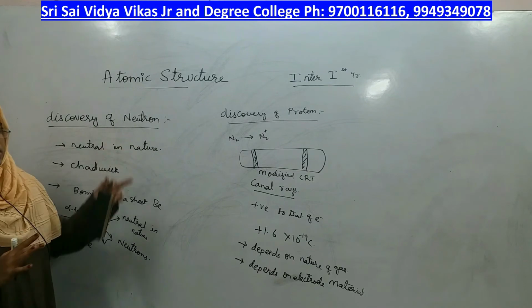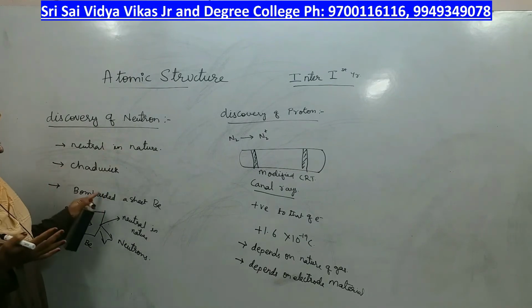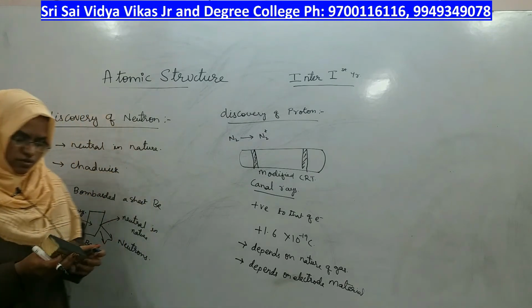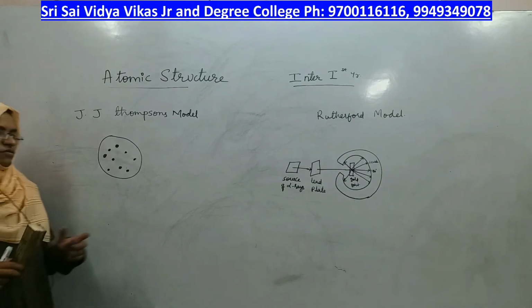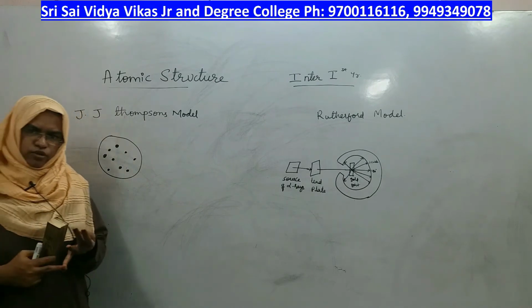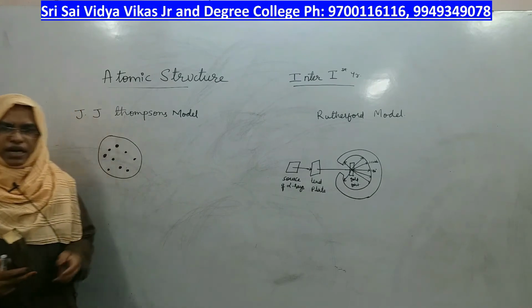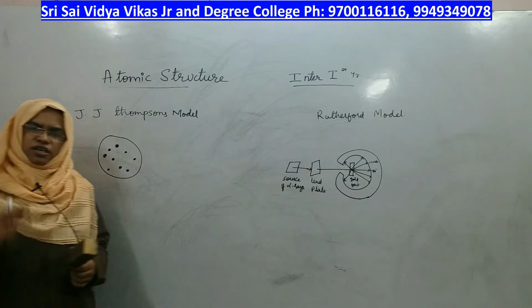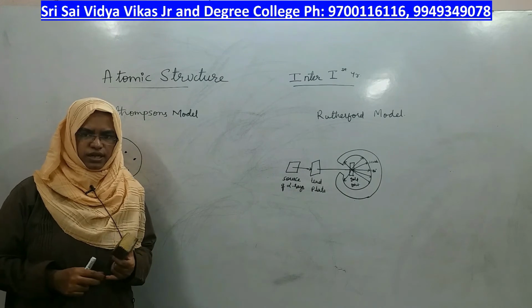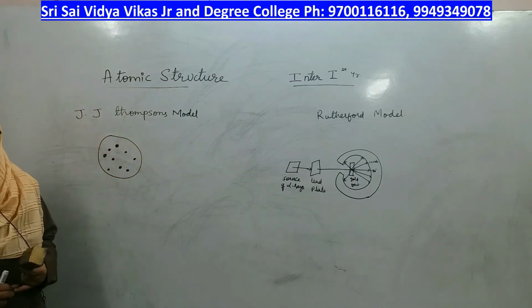If you know all these three, you have to compare and know the difference between their nature, their charges and their mass, right? So till now we have seen the discoveries of all three subatomic particles: proton, neutron and electron. And now the next question is, if the atom has subatomic particles called proton, neutrons and electrons, then how are they placed inside the atom?